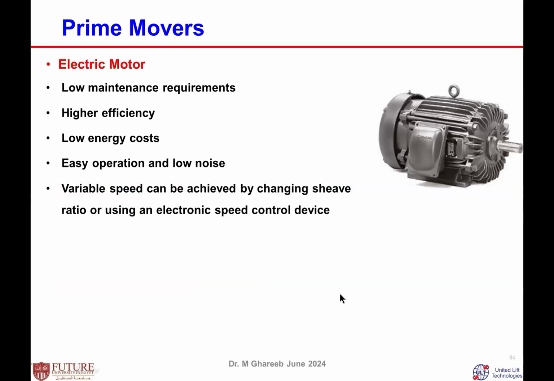Why? Because of low maintenance requirements, very high efficiency, and energy cost is much less than using an engine fed with diesel or whatever. There is no noise, or very low noise. You can apply a variable speed drive, so you can change the pumping speed for the stroke, up and down, and so on.